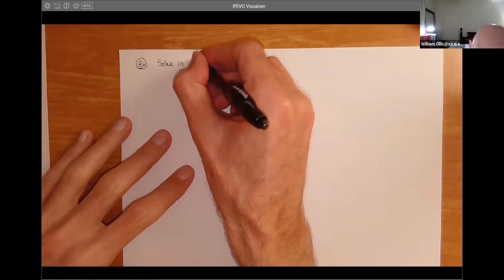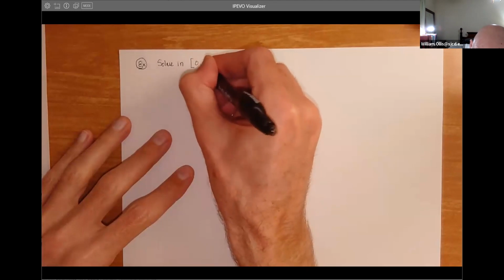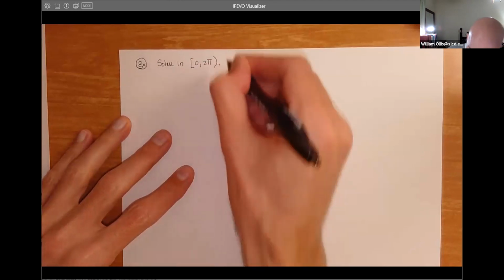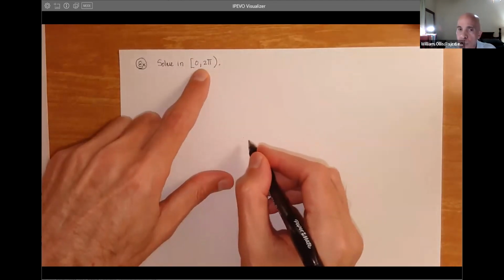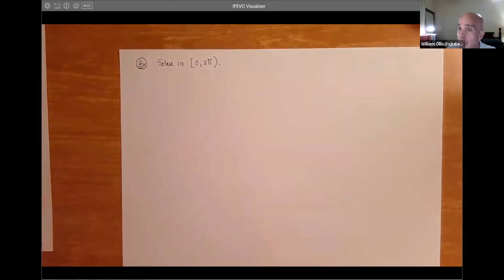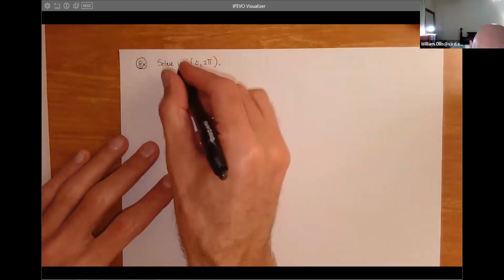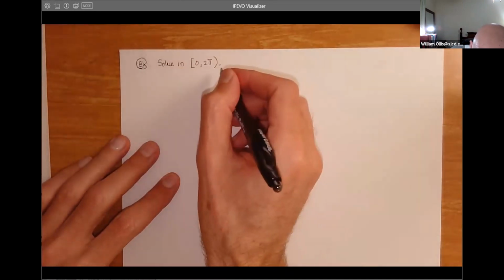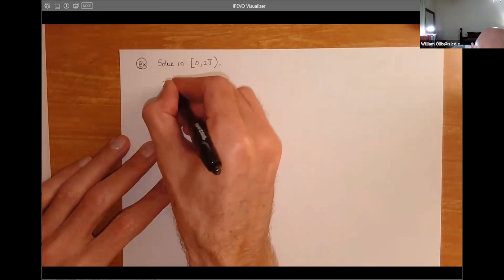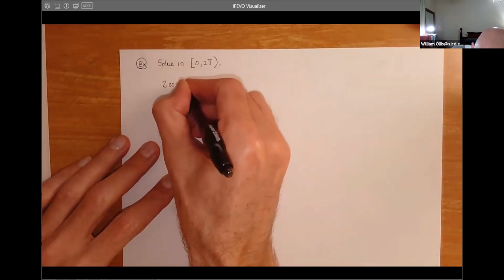So we could say solve in 0 to 2 pi. We want to find all solutions that live here using our unit circle and anything that we know about trig functions. So here's an example. Say we have 2 cosine theta.